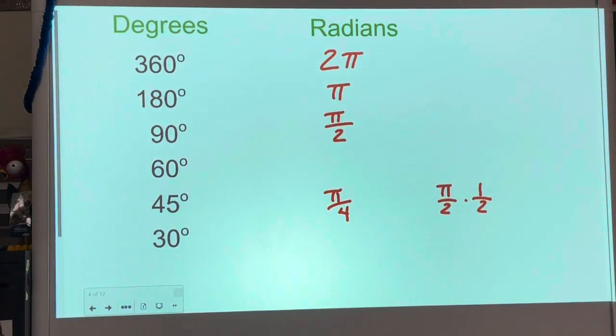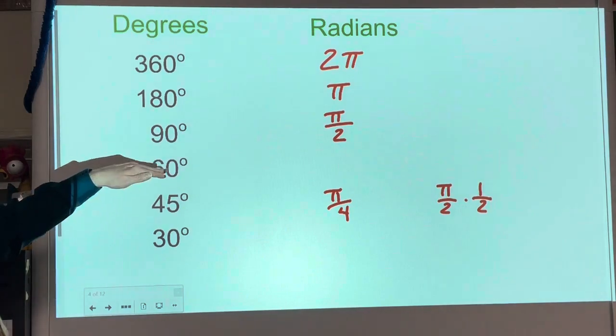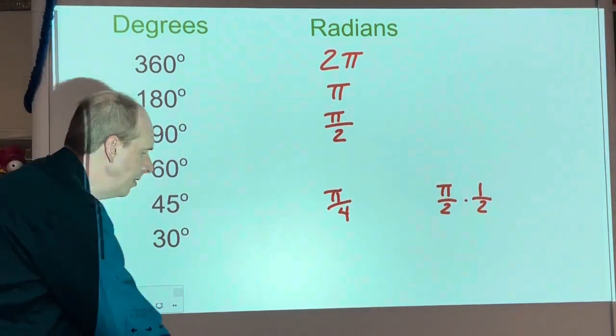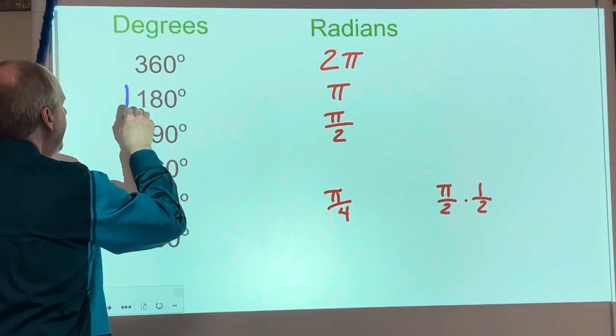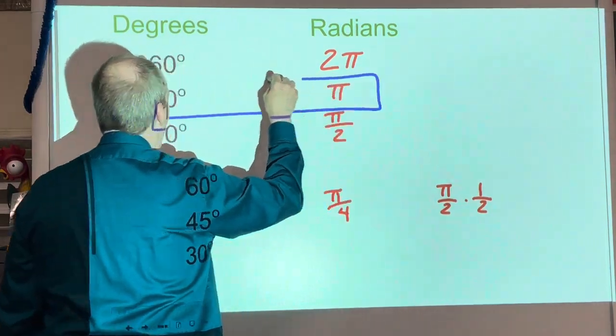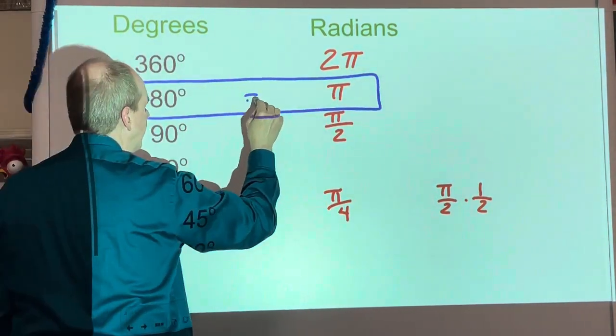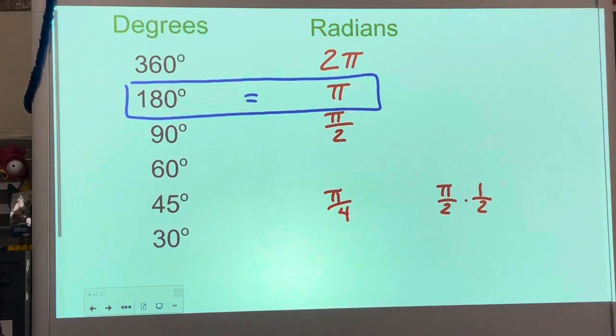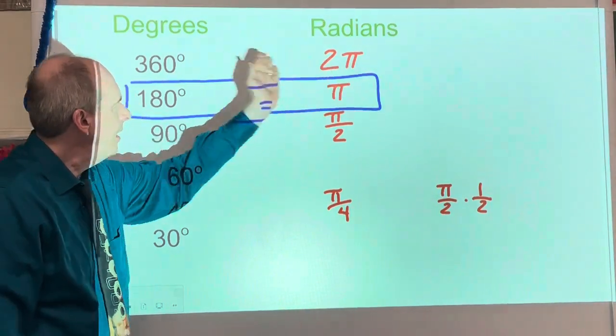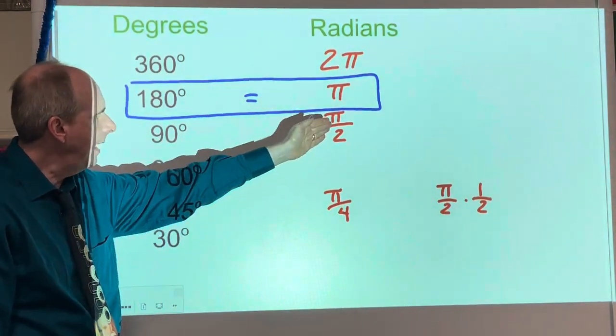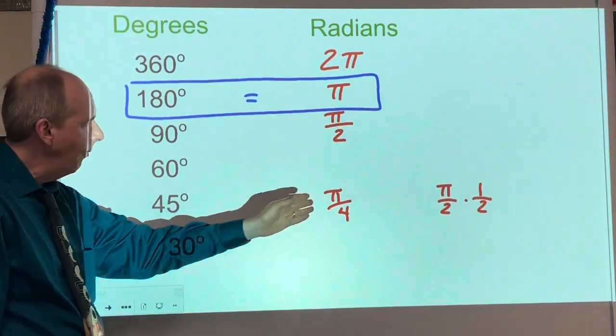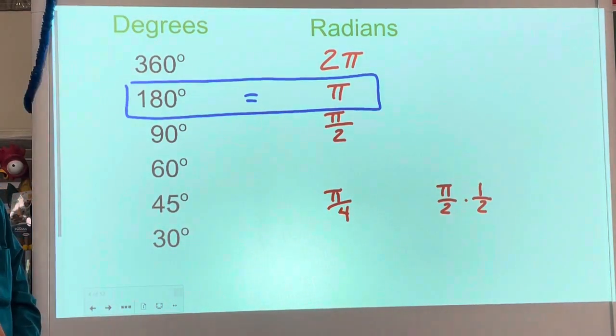How about 60? Well, to get 60, let's go back a step. 180 degrees is pi. That is really kind of the key to understanding all of this. 180 degrees is the same thing as pi. 2 times 180 is 360. 180 divided by 2 is 90. 180 divided by 4 is 45.